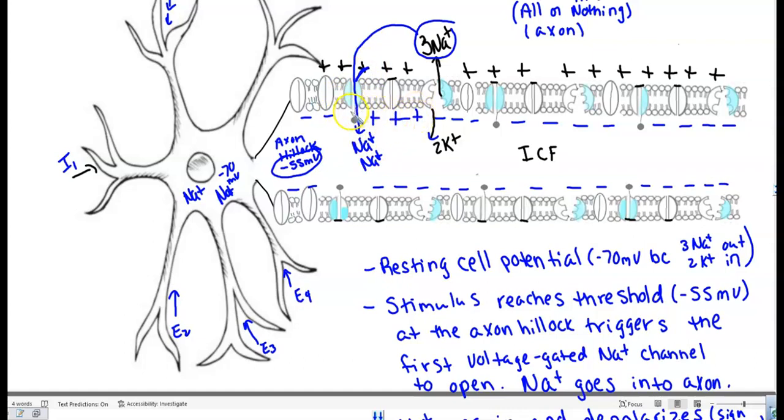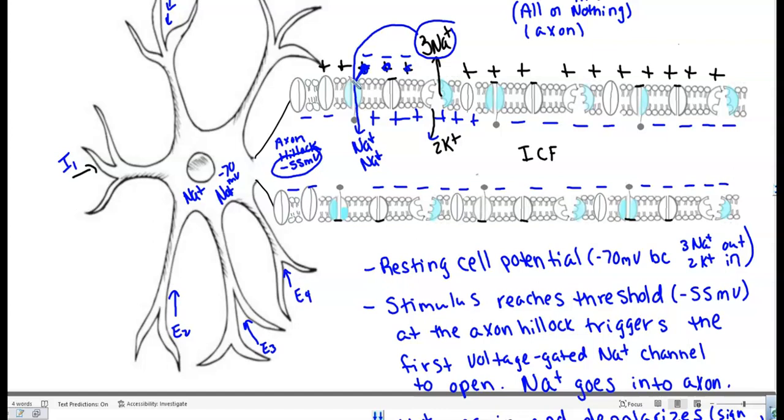So we're going to get a sign change, and that's going to trigger this one to open, and it's just going to become a chain effect all the way down. So what you need to remember is that when this stimulus comes in, that graded potential, if it gets enough sodium coming into the cell, the axon hillock at negative 55 will trigger that first sodium channel, and that's going to cause sodium to rush in.